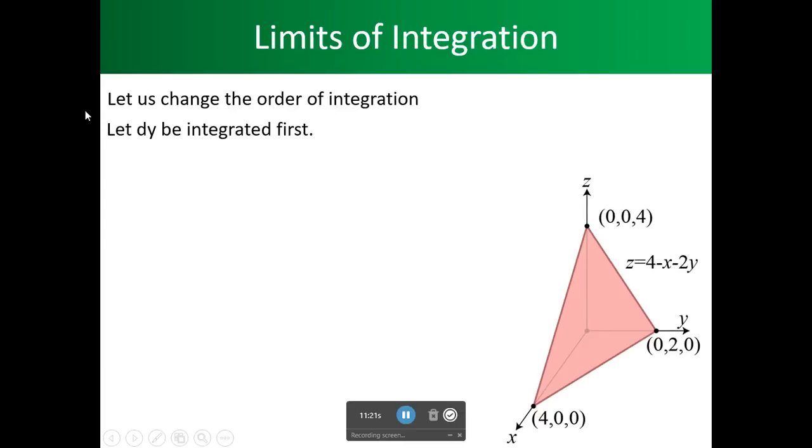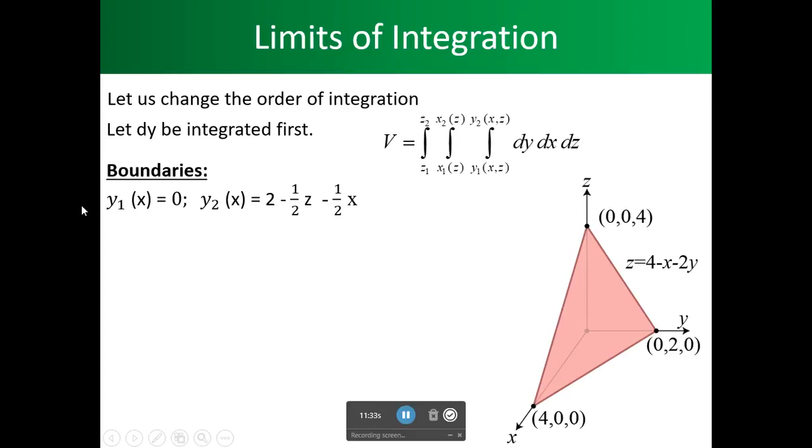Now let's look at our last change, first starting off with dy, then dx, then dz. And I think we would have done everything. At this point, we start off with dy, and we know it starts off at 0, and y2 is equal to this equation.